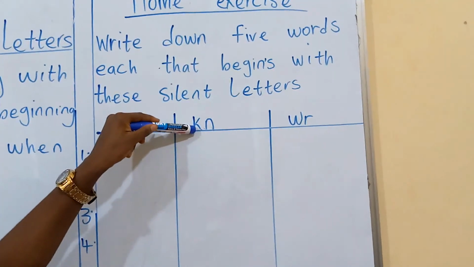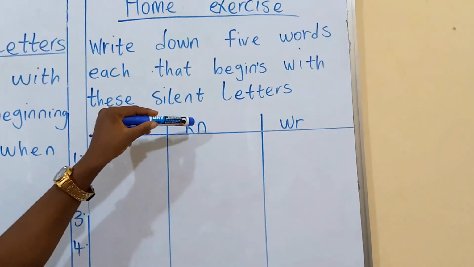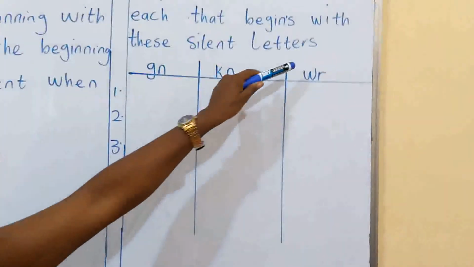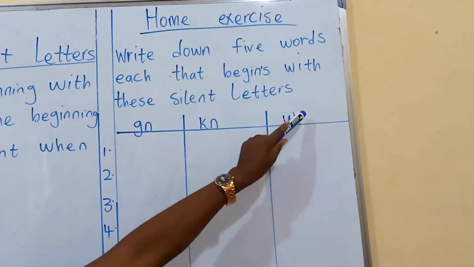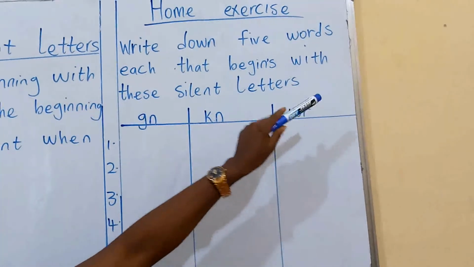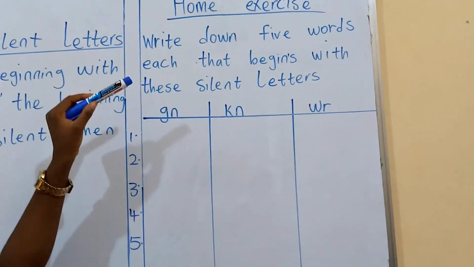The next one is what? KN. But the K is silent, isn't it? So when pronouncing, you start from N. And the next one is what? WR. The first letter is silent. And you start pronouncing from the second letter. But you have to look for words that start with this.